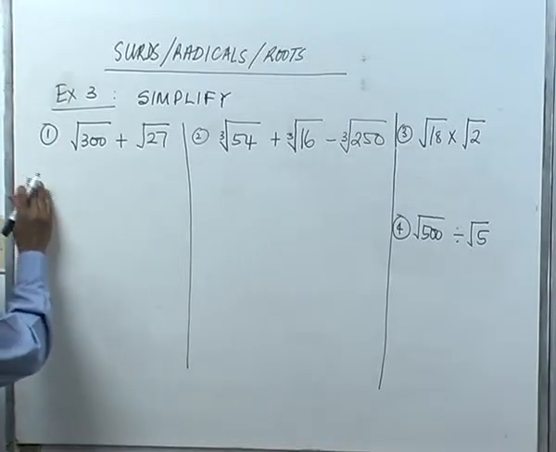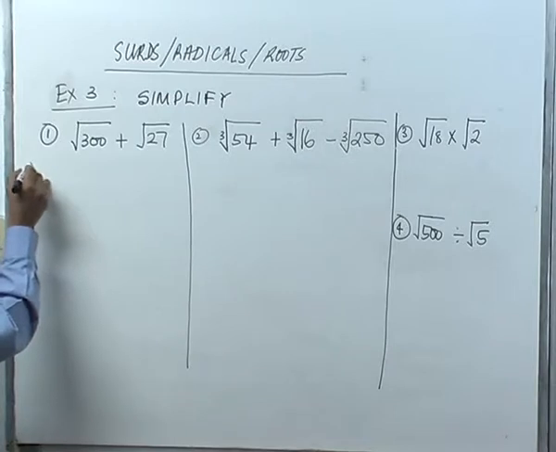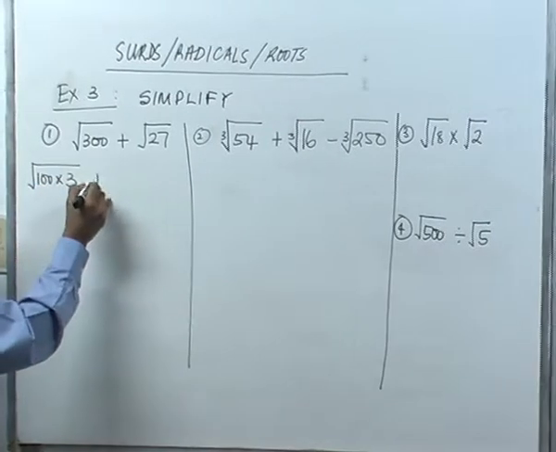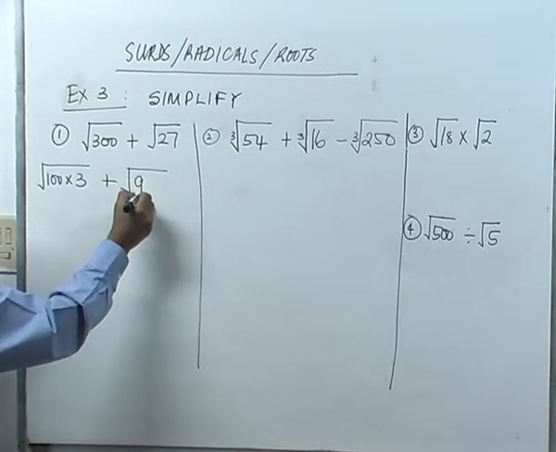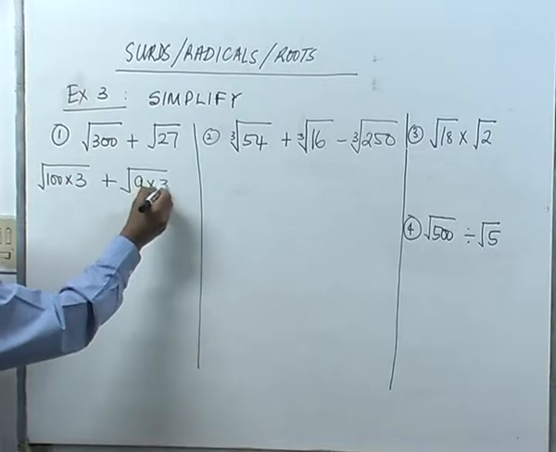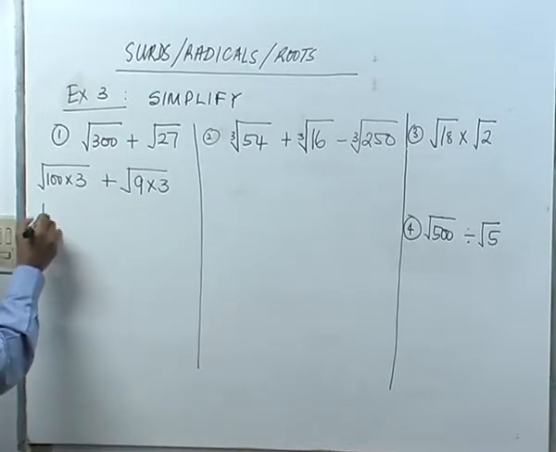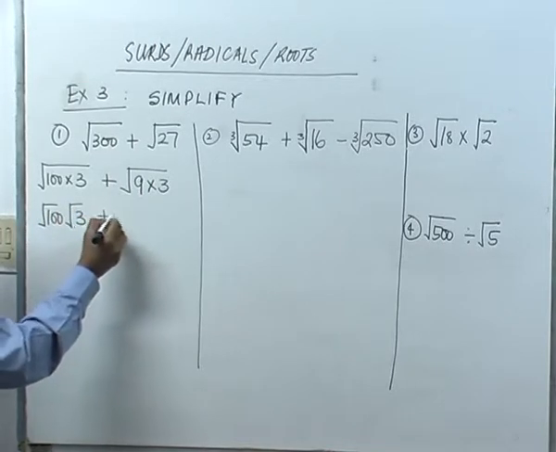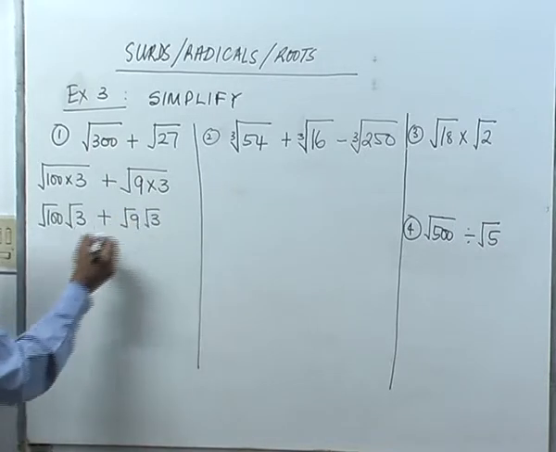Come back and now we're going to work the examples out for you. So square root of 300, you break it up into square root of 100 times 3 plus square root of 27, you break it up into square root of 9 times 3. Now this becomes square root of 100, square root of 3 plus square root of 9, square root of 3.